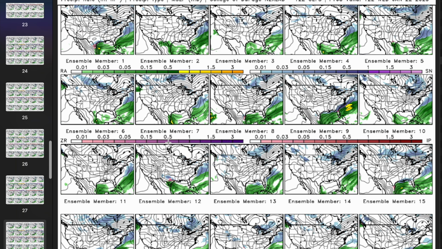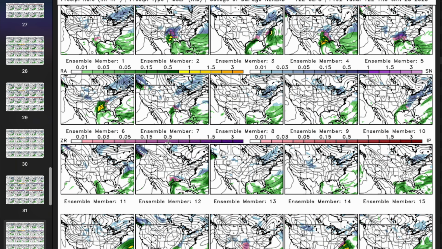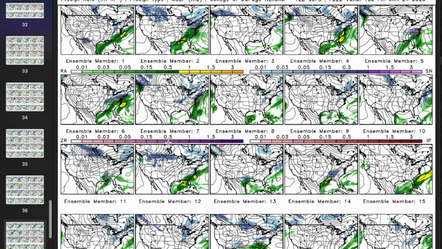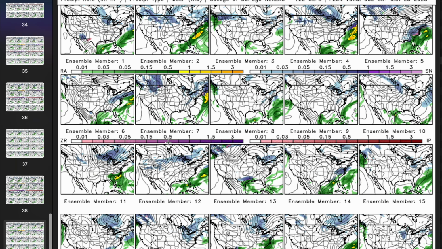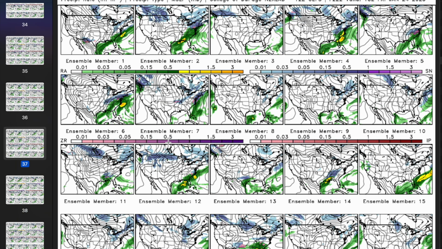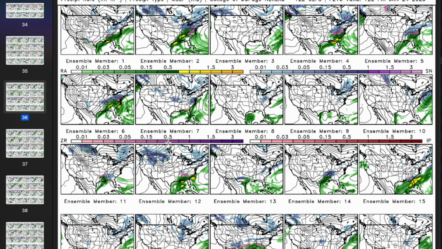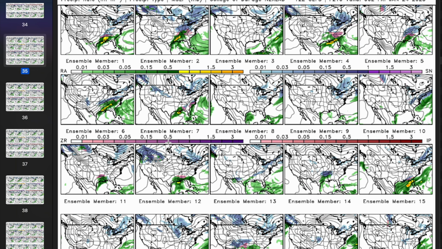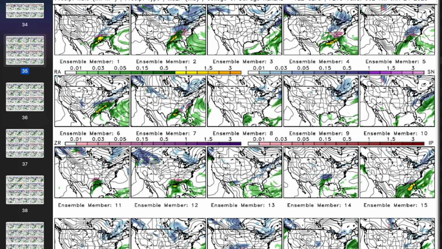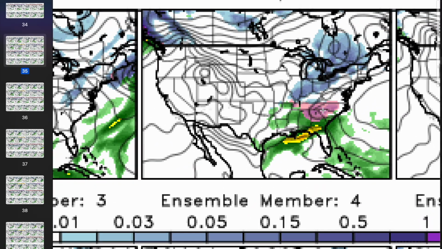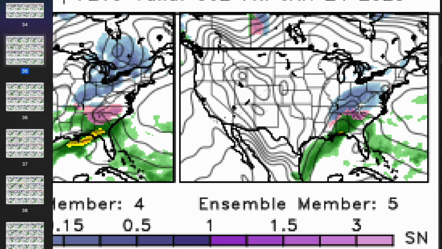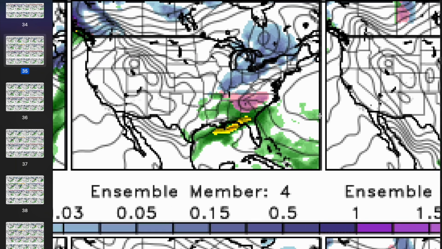The other thing is, by next week, if we move this forward just a tad longer, now we are 222 forecast hours out. This is la la land. Okay, but you notice here we have, in the Carolinas at least, this member produces an ice storm. This member produces a snowstorm and an ice storm.